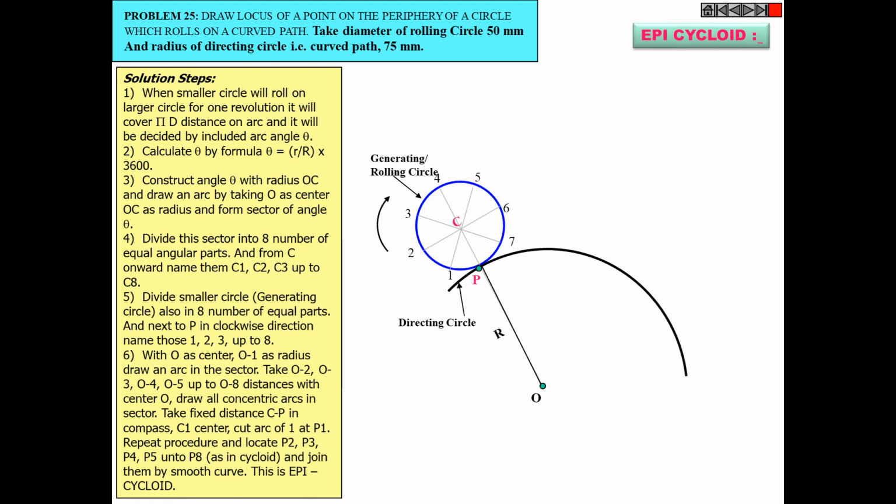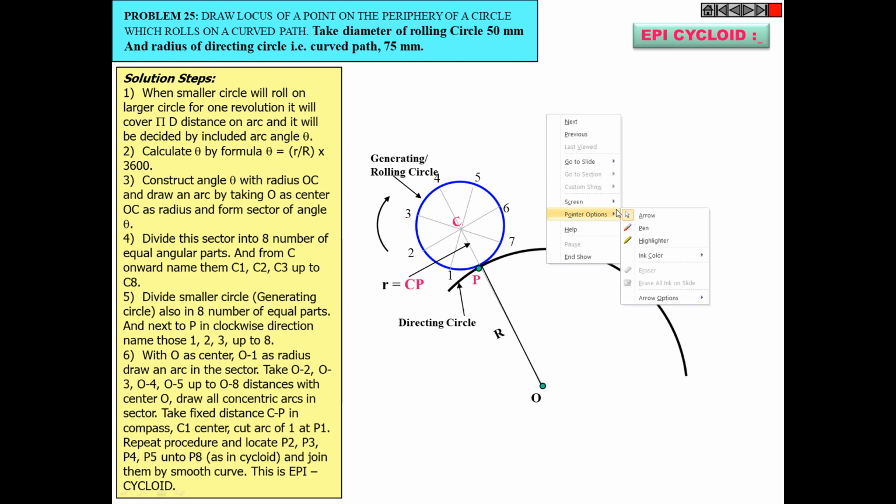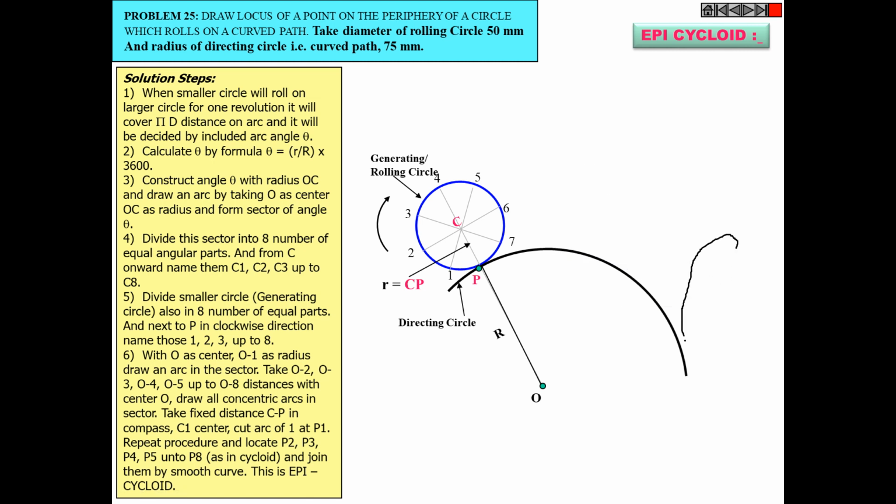Next step is what? Now, this is the radius of the rolling circle, which is CP. Now, I have told you that this rolling circle is rotating for a 360-degree rotation. Let us assume that when it has rotated completely 360 degrees, the new position of the rolling circle is this point.